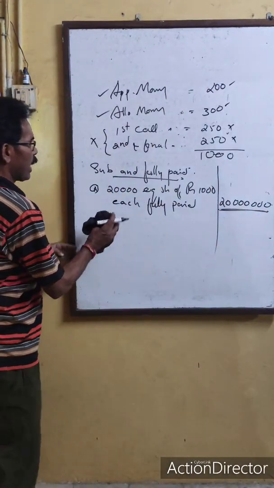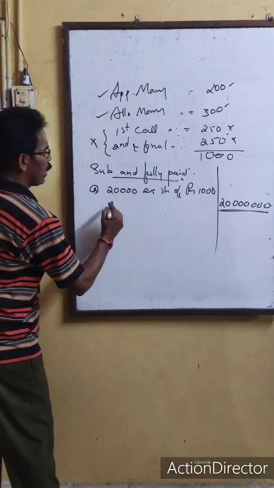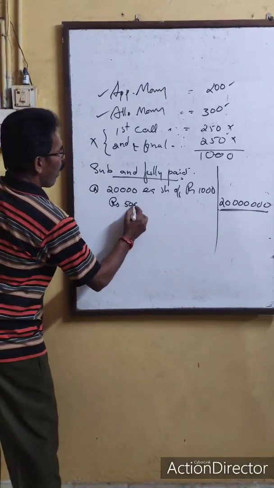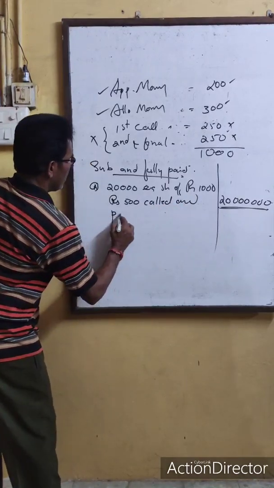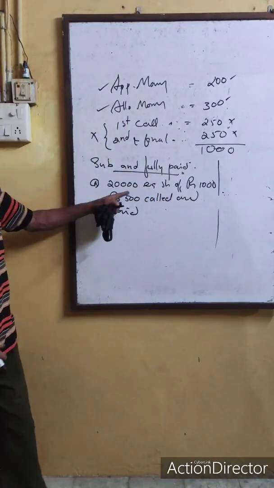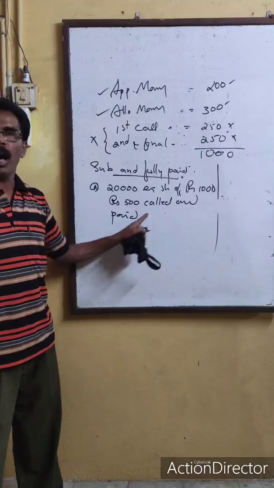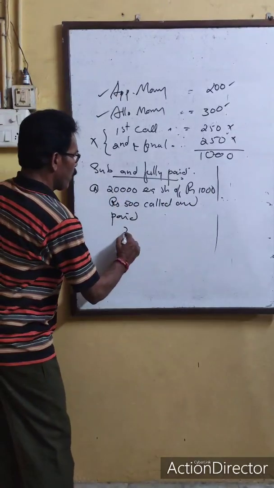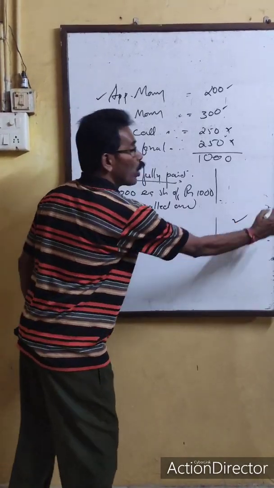Then we will say 20,000 shares of rupees 1000 each, rupees 500 called and paid. The amount of this 20,000 into 500 will be shown in the amount column.